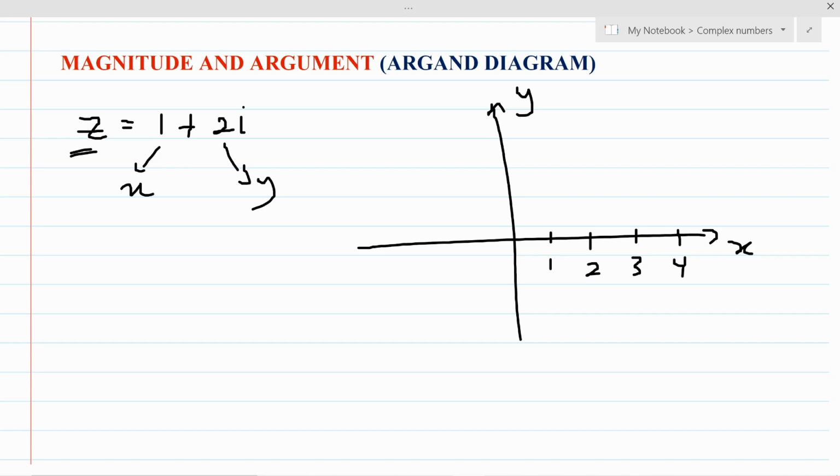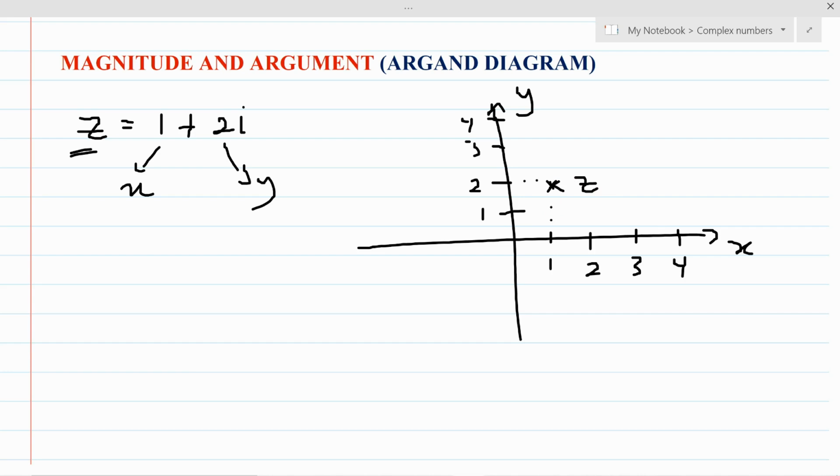With this one too, I can call it 1, 2, 3, and 4. If I want to plot 1 plus 2i, it's 1 on the real axis, which is the x-axis, and 2 on the imaginary axis. I just locate 1 and 2 where they meet, and this will be my complex number z. I hope you're okay.